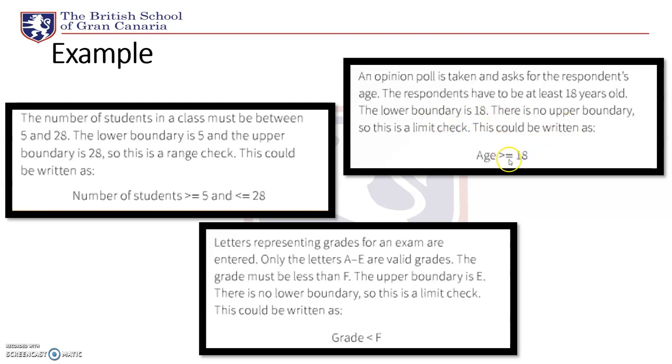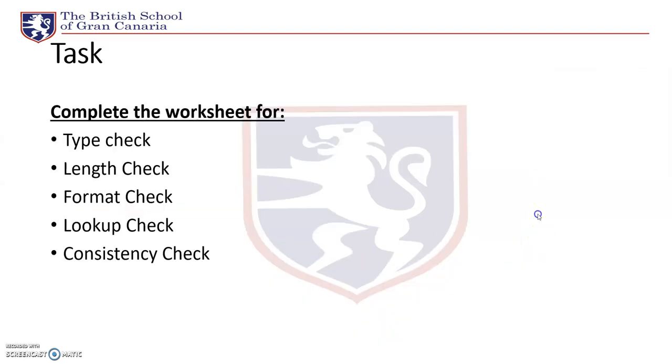So this could be written as equal to or greater than 18. This would be a limit check. And if anybody fills out, for example, 17 years old, it wouldn't allow them to move on. And this one here is also a limit check where they use grades, so they use letters of the alphabet.